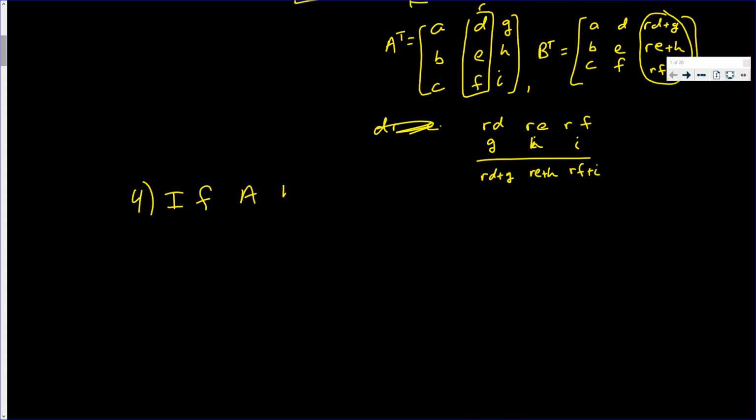If A has a row of zeros, then the determinant of A is 0.